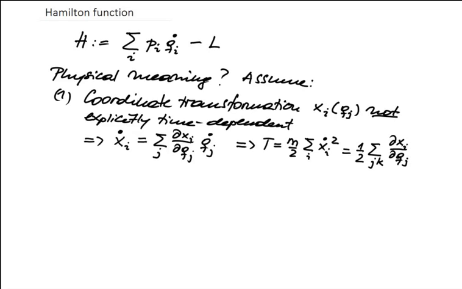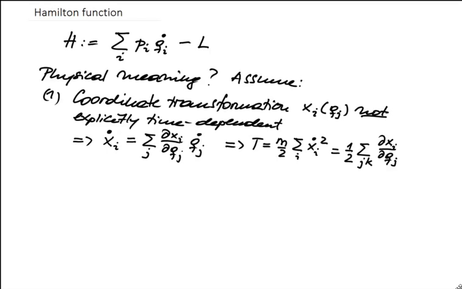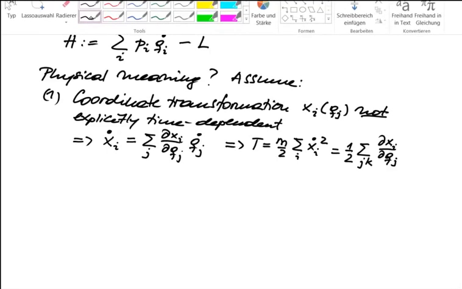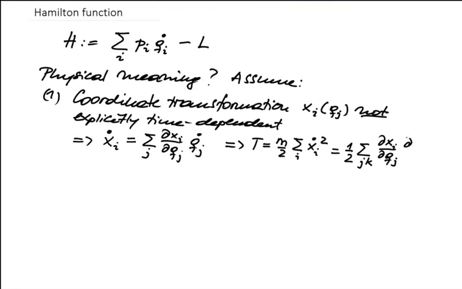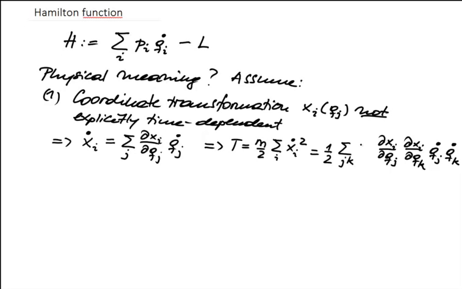From the second xi dot, we have a partial of xi with respect to qk. And then we have qj dot qk dot. And we still have the mass somewhere. Let me squeeze in the mass here.